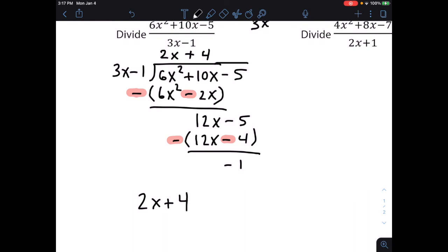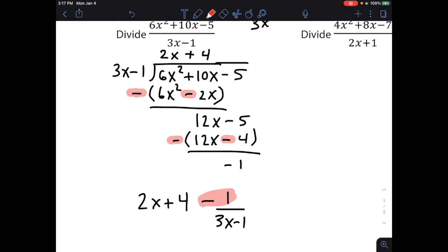But then we have to deal with this negative 1. So we're going to say minus 1 over 3x minus 1. So our remainder is negative 1, right? And what we're going to do is just add that negative 1 onto our answer, but then make sure we divide it by what we're dividing by, in this case 3x minus 1. Okay, so we're going to have a fraction of some sort.